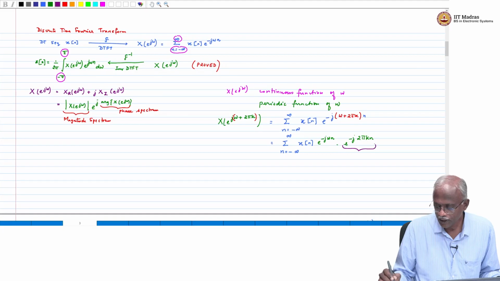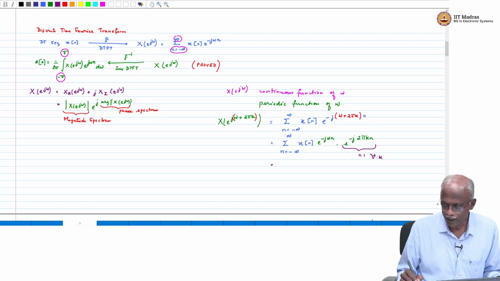So this is equal to 1 for all k. Which means that what you are left with is summation n equal to minus infinity to infinity x of n e power minus j omega n, which is the same as X e of j omega.